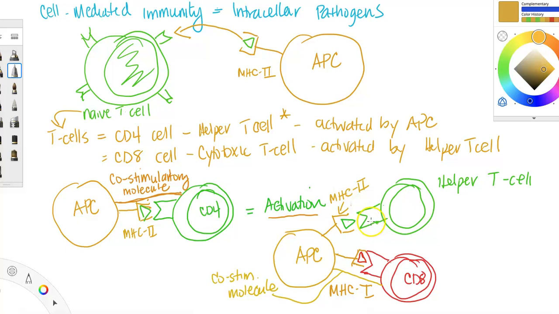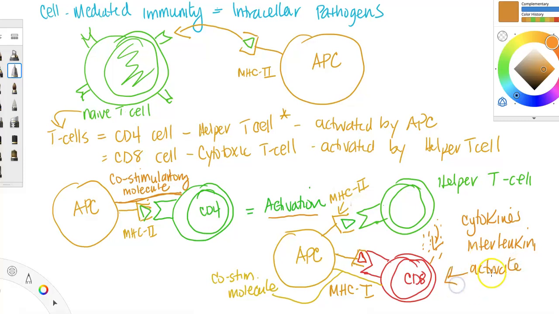It will connect to the helper T cell. The helper T cell then will send chemicals. So these are cytokines, and again, they're called interleukins. Interleukin 2 maybe, I'm not sure. Anyway, interleukins to activate the CD8 cell.